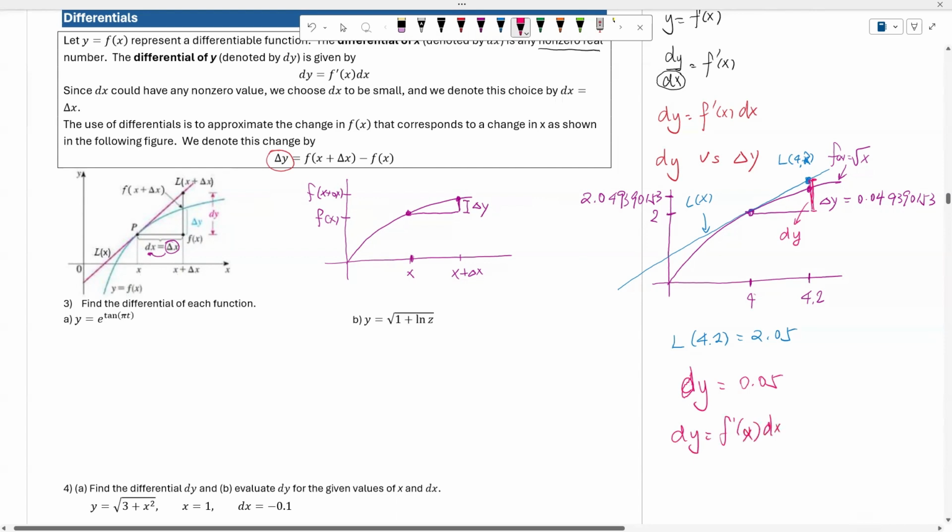Or if we work with the functions, I have dy is f prime of x dx. Here f prime of x is 1 over 2 times the square root of x, so f prime of 4 is 1 over 2 times the square root of 4, which is 1/4.